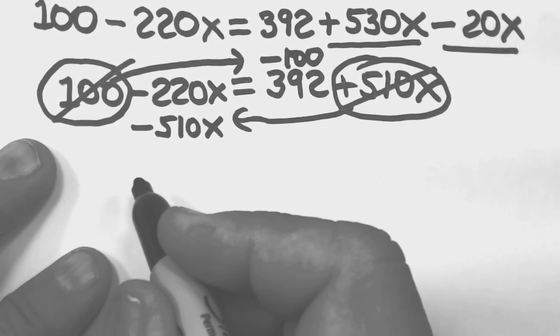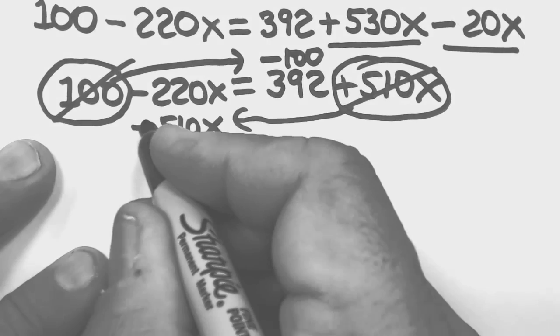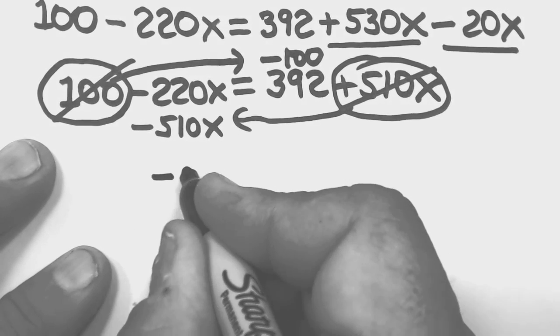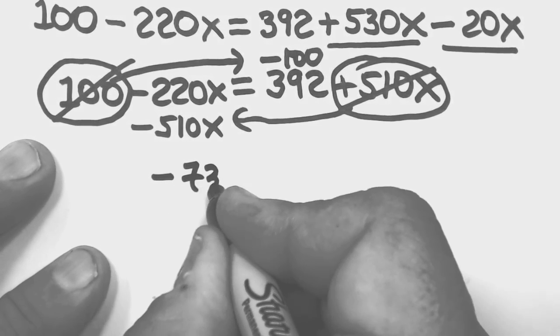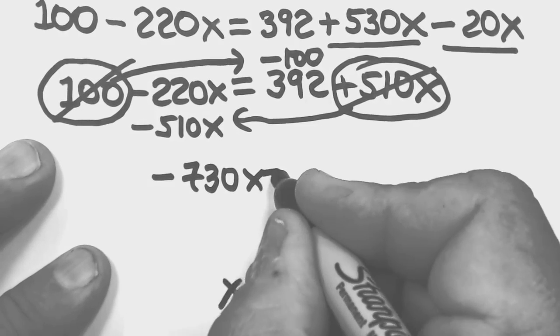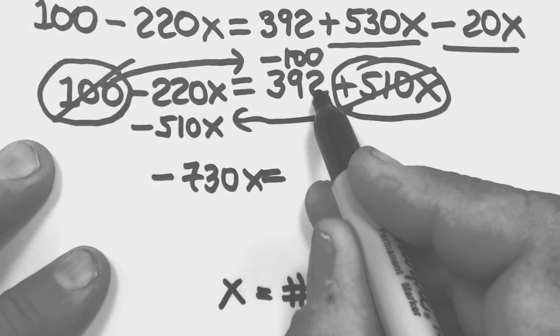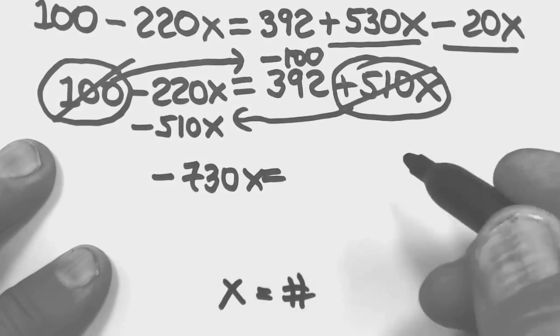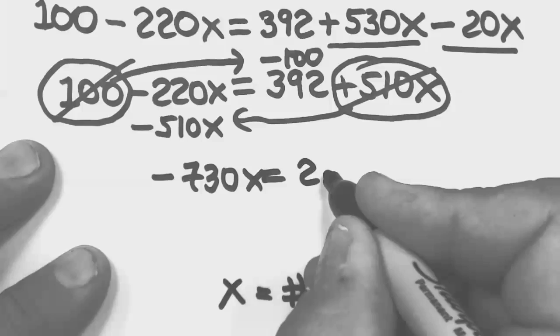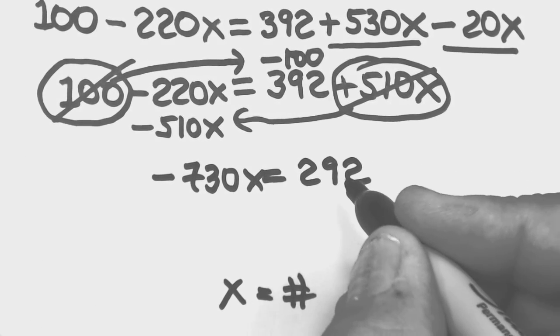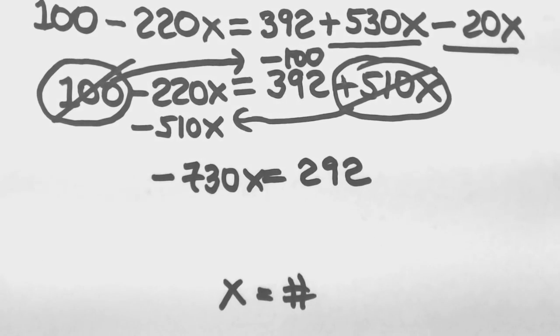Okay, let's see what we end up with here. On the left side, these are both negatives, so I've got a total of negative 730x equals, on the right, well, let's see. Positive 392 minus 100. Positive's going to win by what? Positive 292.